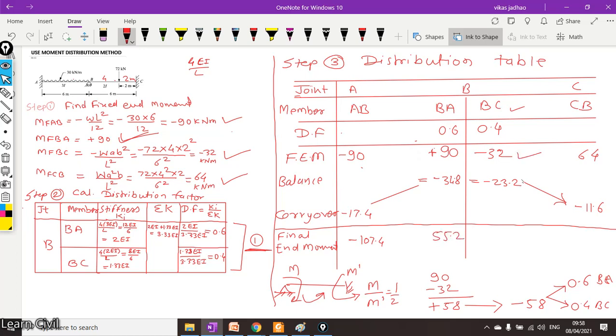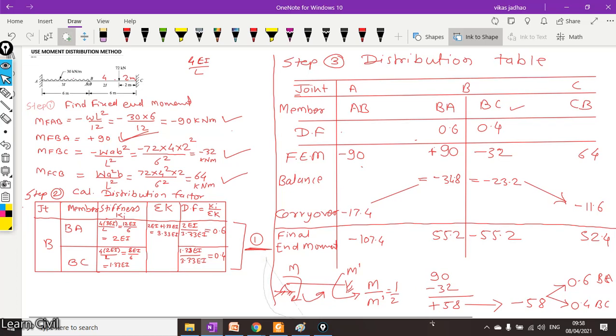Add minus 32 and minus 23.2, this will be minus 55.2, and add 64 and minus 11.6, it will be 52.4. This is how the final end moments are calculated.